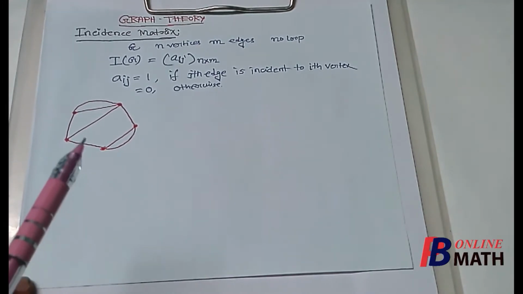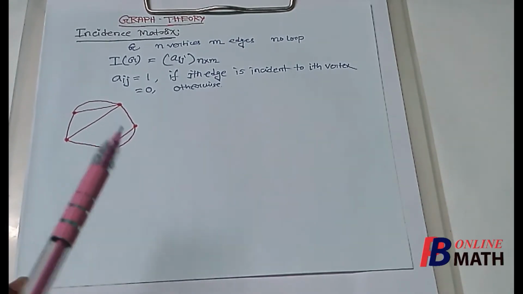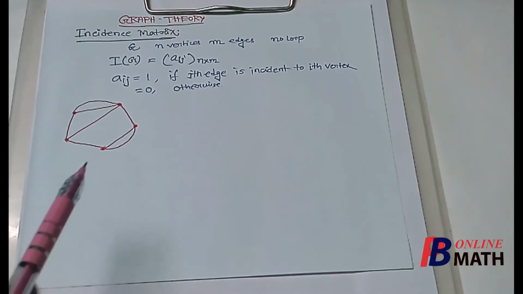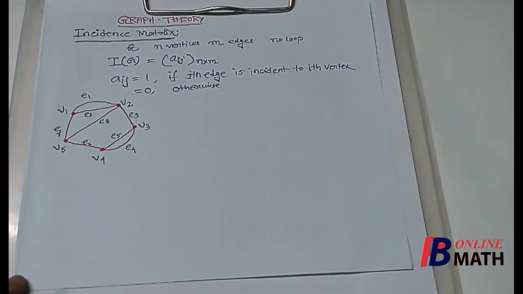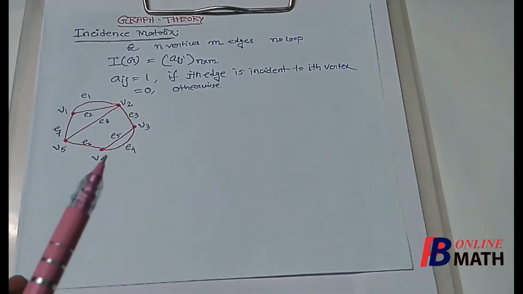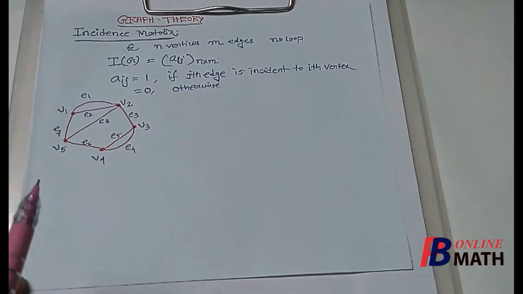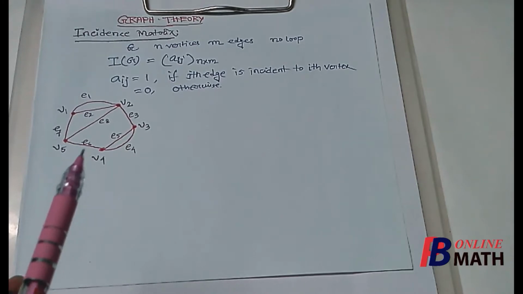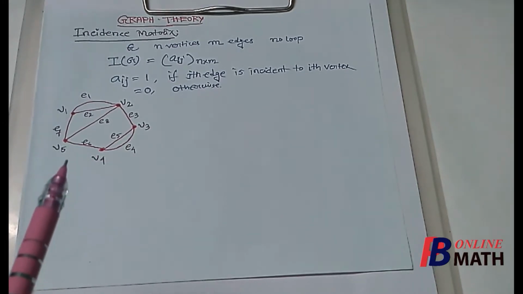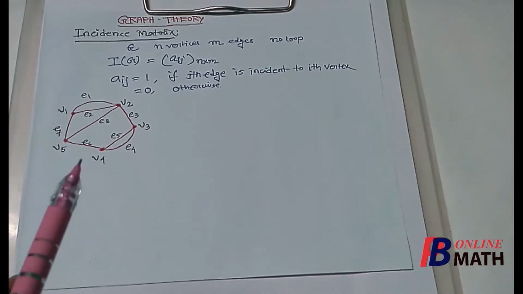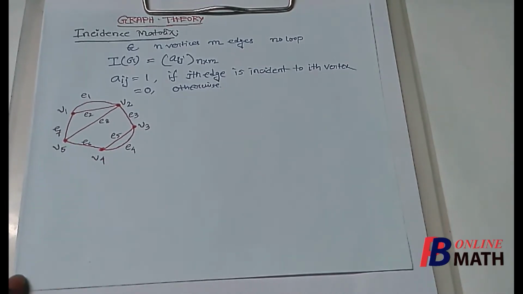So if we want to find the incidence matrix of this undirected graph, first of all we have to label all the vertices and edges. So we have labeled all the vertices and the edges. We find that this graph has 5 vertices and 8 edges. So the incidence matrix of this graph will have 5 rows and 8 columns.